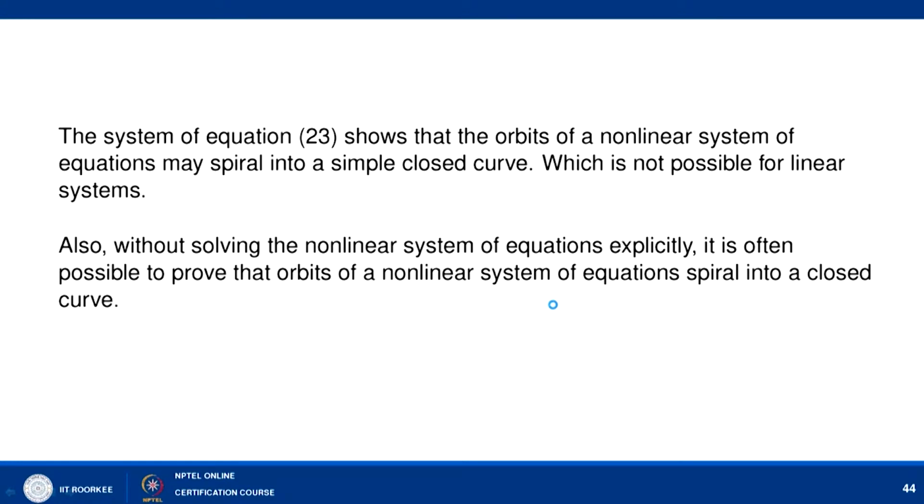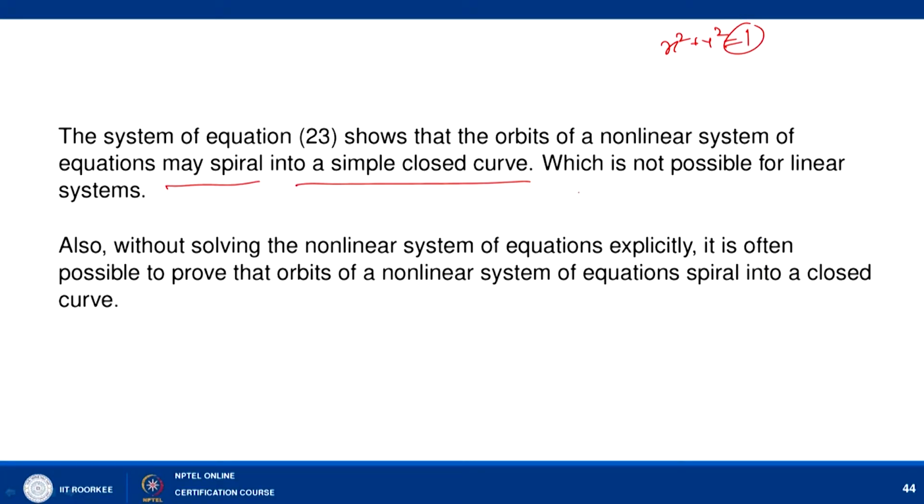Now, the system of equation 23 shows that the orbit of a nonlinear system of equations may spiral into a simple closed curve. The circle x square plus y square equal to 1 is a simple closed curve, right, which represents one orbit, and all other orbits ultimately converge towards this unit circle, and this is not possible for a linear system.